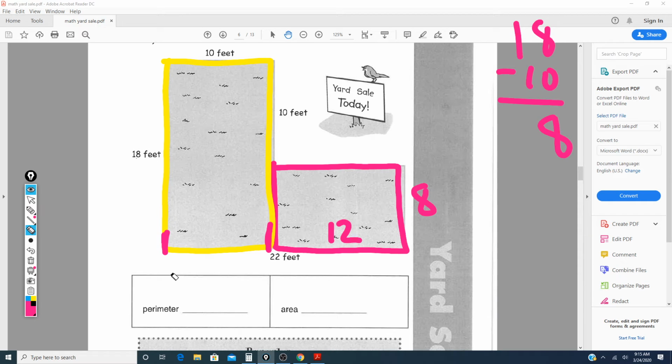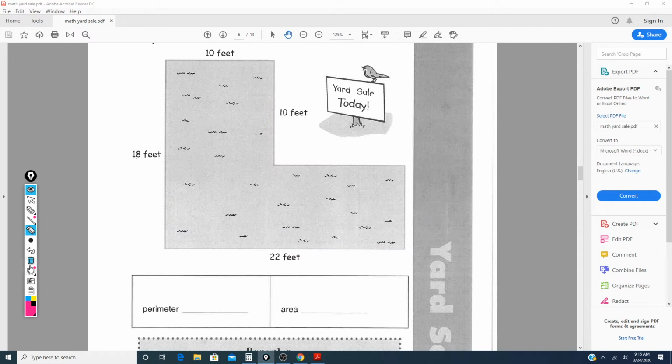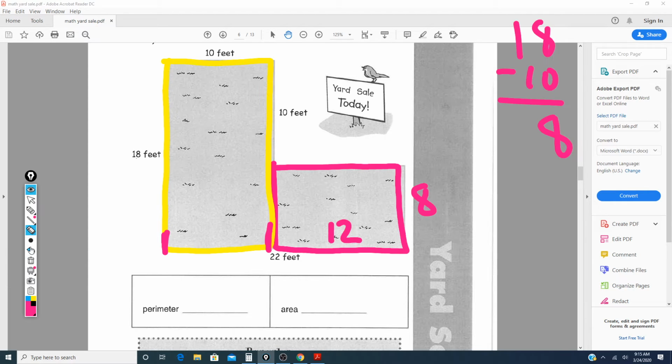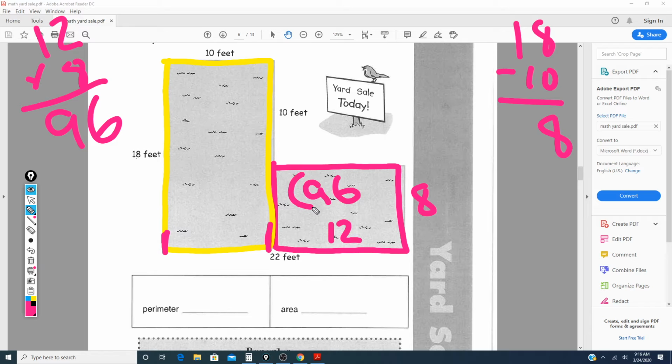We find area. Area is length times width. So 12 times 8 is going to be 96. So 96 will be the area of the pink rectangle.